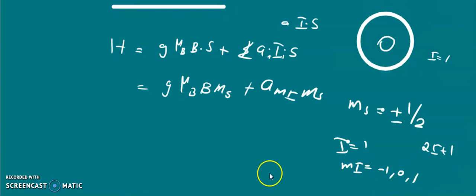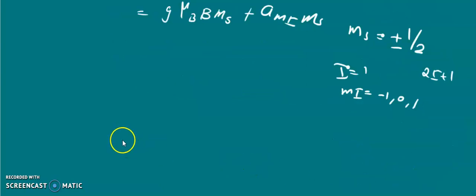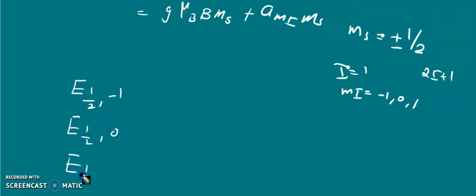So therefore there will be 6 different combinations, since m_s has 2 values and m_i has 3 values. So please find out the energy of all these: E(half, minus 1), E(half, 0), E(half, plus 1).